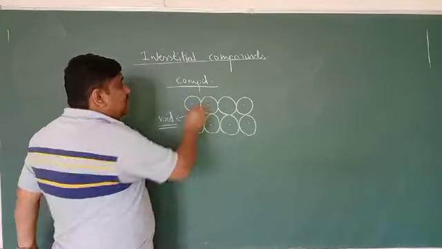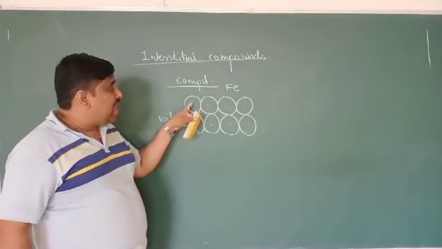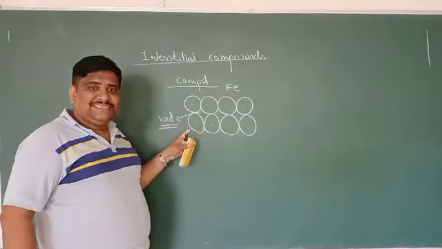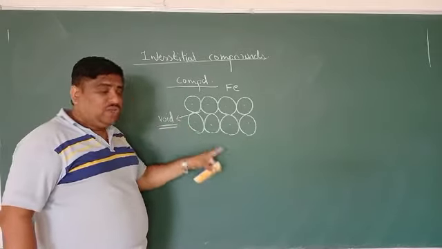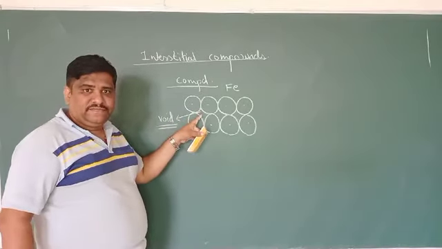Suppose this is the compound, an iron compound. The iron atoms are arranged like this, and in this arrangement you have gaps, which are called voids.